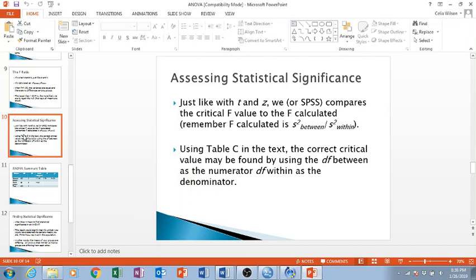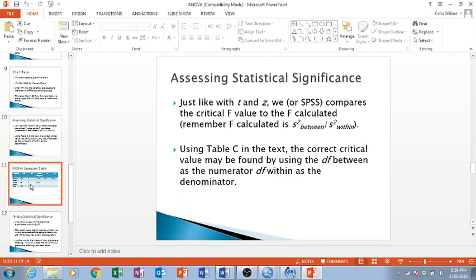We can follow that same process. Now for us, we're going to be doing more of the SPSS application, so we won't actually turn to the table in the book, but you can for sure, and it's not a terrible idea to practice doing that and maybe wrap your head around what's happening behind the scenes in SPSS.